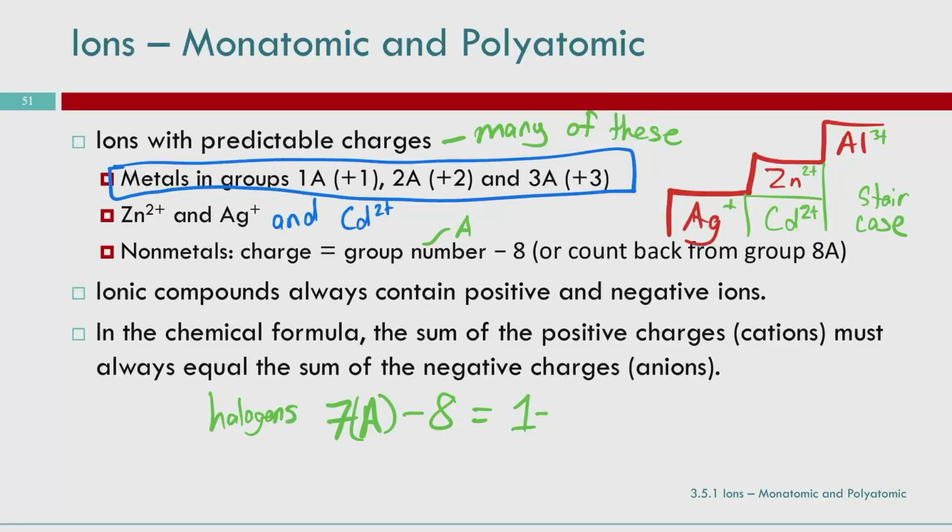If you step over one more to the group that's under oxygen, these also have a name. It's chalcogens, which starts with a C. These are group 6, and so these are all going to be 2 negative charges. We step over one more space to things that are under nitrogen. Those also have a name, pnictogens, which of course starts with a P. So pnictogens, or things under nitrogen, are going to be 3 minus.